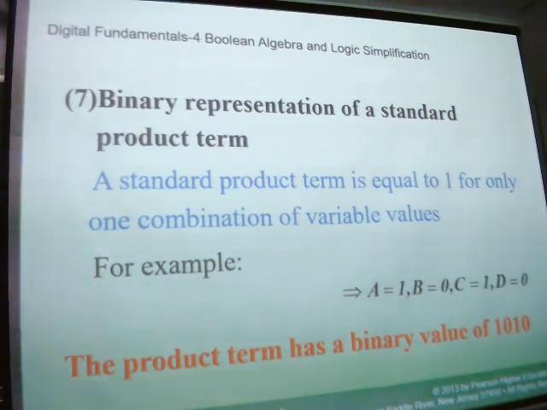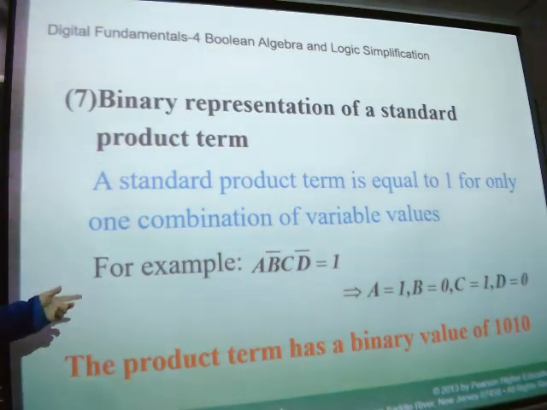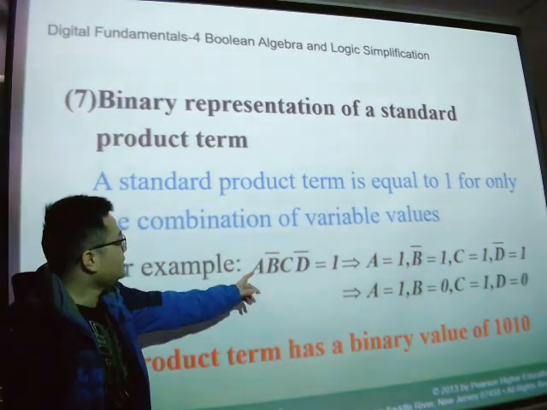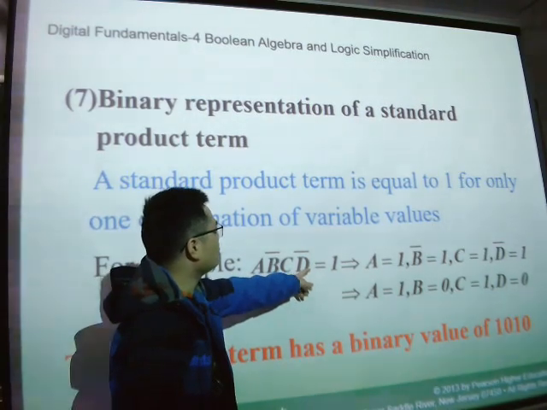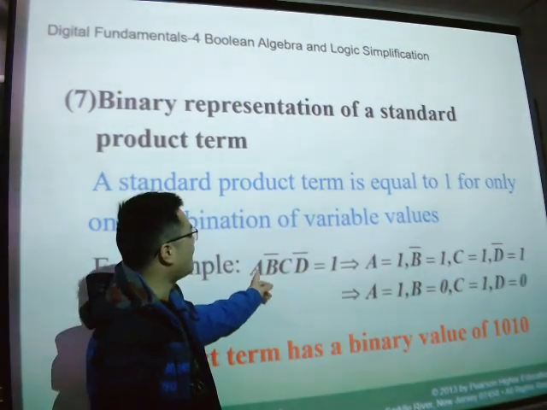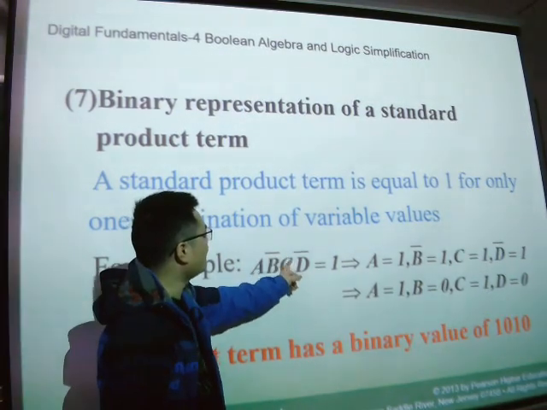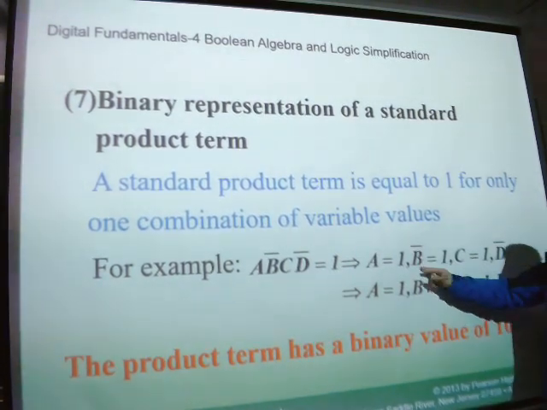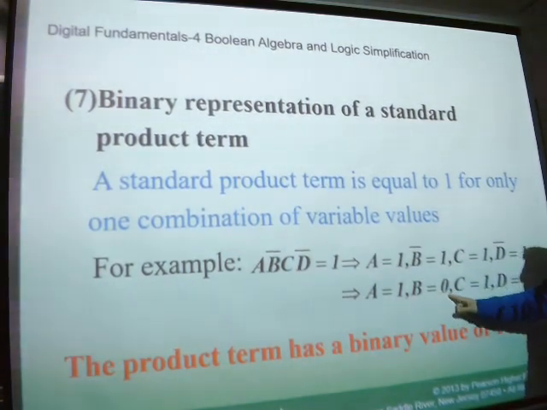So A B bar C D bar equals 1, which is equivalent to A equals 1, B bar equals 1, C equals 1, D bar equals 1. And we know that if B bar equals 1, then B equals 0.